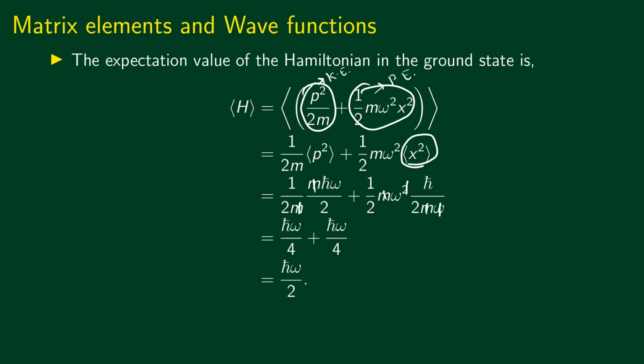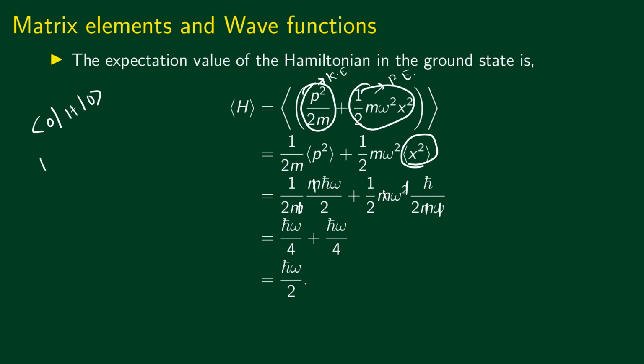Adding this, we get the expectation value of the Hamiltonian in the ground state, which is equal to ħω divided by 2. Now, if you wanted just to calculate the expectation value of the Hamiltonian in its own ground state, we did not have to do all these steps because we are calculating the expectation value of the Hamiltonian in its own eigenstate.